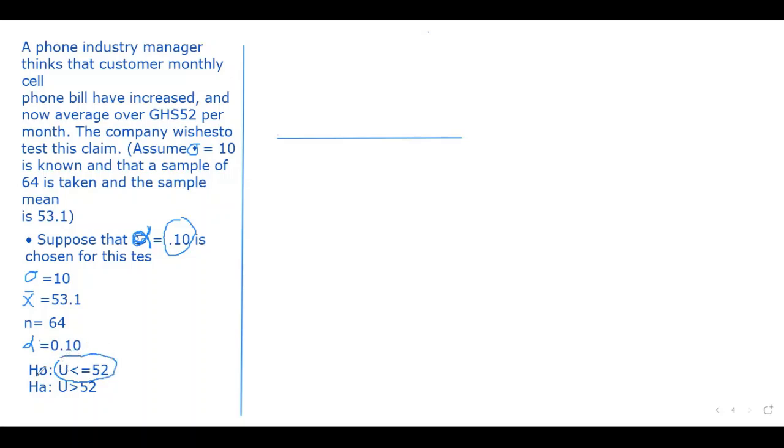If H0 says mu is less than or equal to a certain number, then it is an upper tail test. So upper will be here, and the rejection region is here.